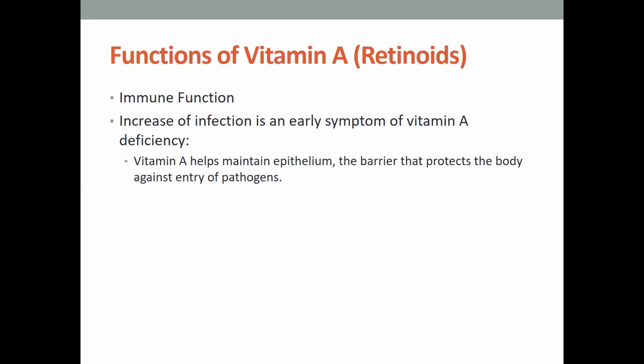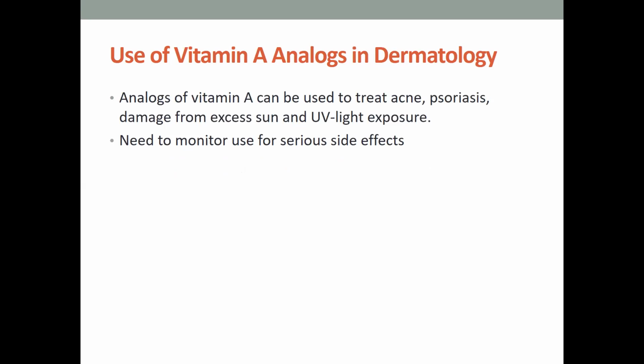Vitamin A helps maintain that epithelium. That's really that protective barrier that helps protect the body against pathogens that might enter it. A good example, of course, is your skin. So you want good vitamin A status to protect yourself against that.